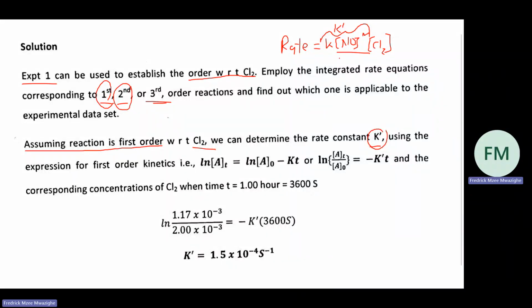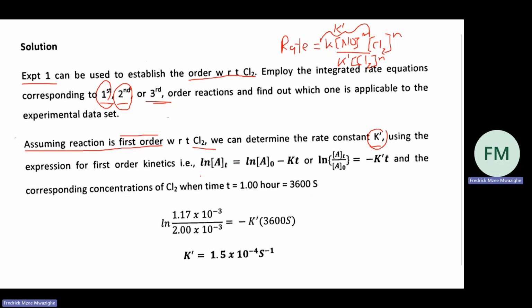Because the corrected rate law now, from the isolation, becomes rate equals K prime times the concentration of chlorine to the power N. So we assume that N equals 1. That is what it means when you say we assume that it is first order. So we can determine the value of K prime using that expression.